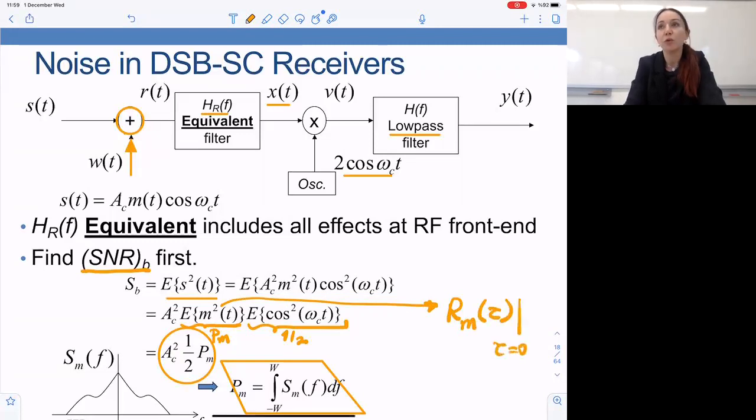The autocorrelation evaluated at 0. Alternatively, this power can be found by integrating the power spectral density of the message waveform if you have that available.